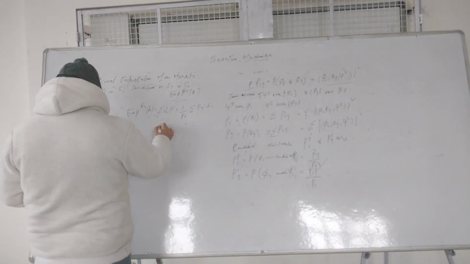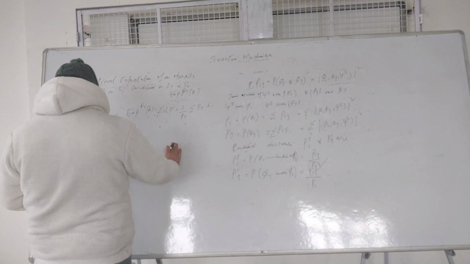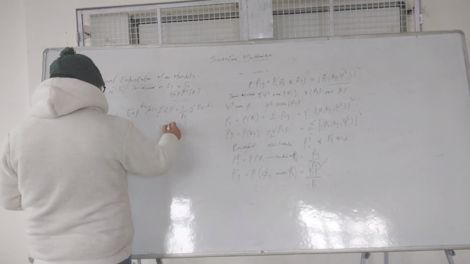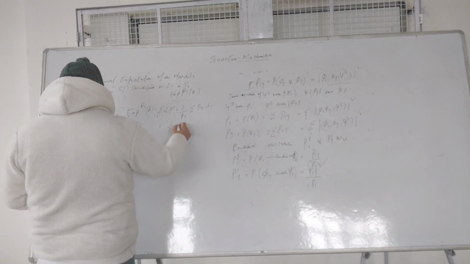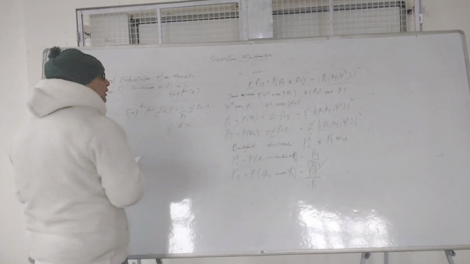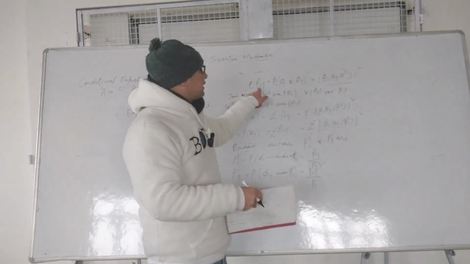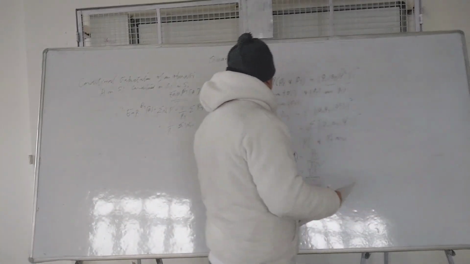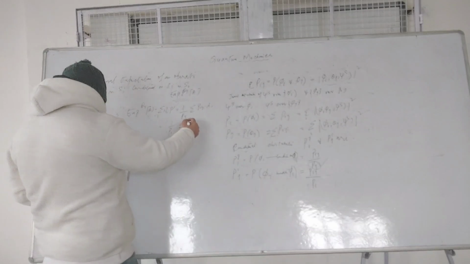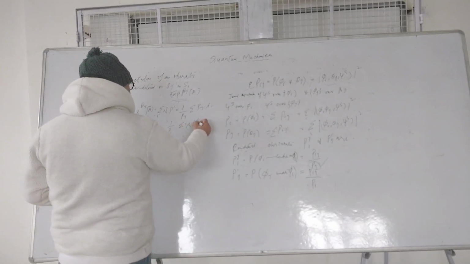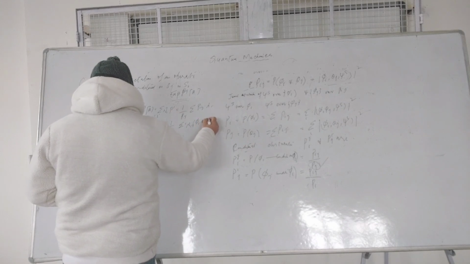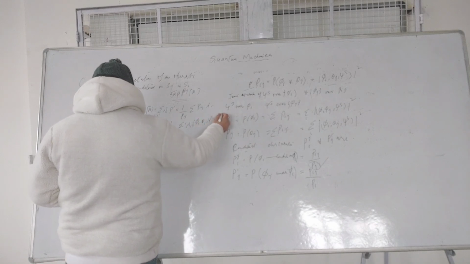So you can write this as 1 by pij, which can further be written as lambda I. We can write pij here in terms of this, phi I theta j psi of s whole square.